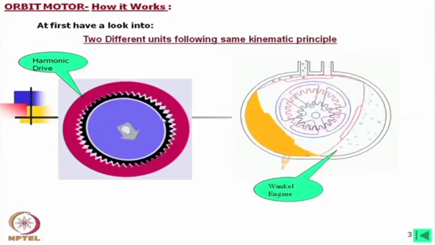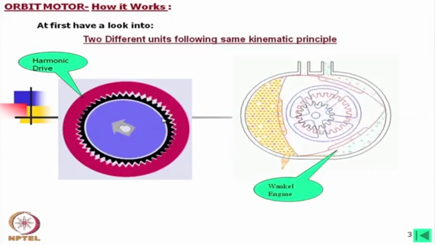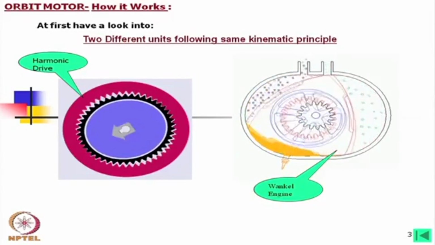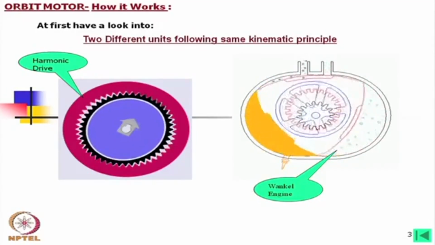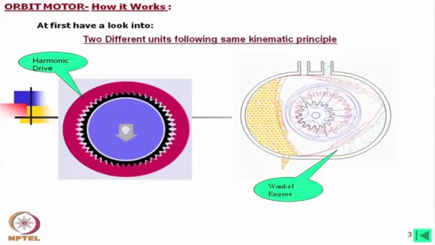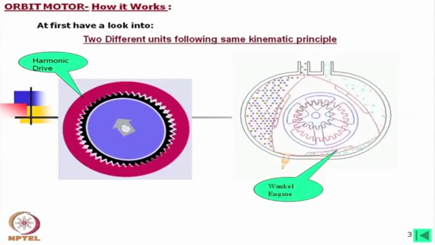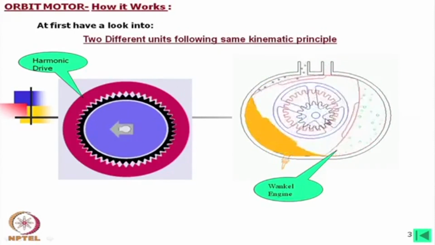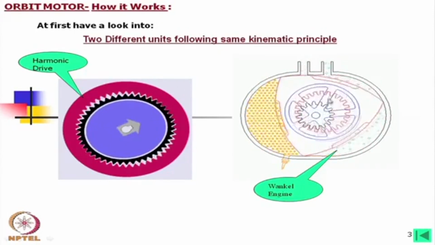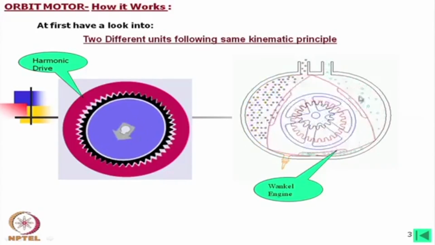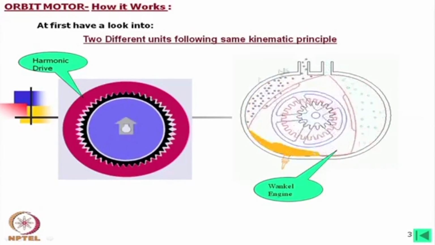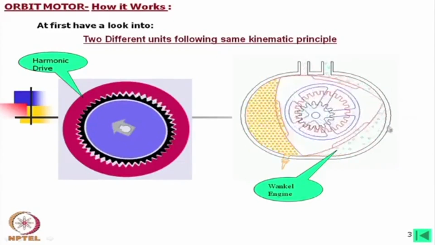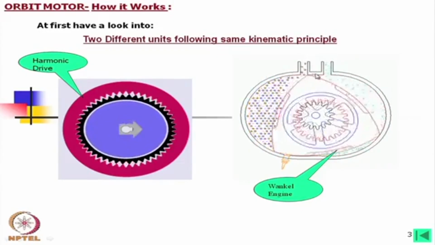Now, another machine is the Wankel engine. Here we observe a more or less similar pattern of motion. In this case, inside there is a triangle, which we can call 3 lobed or 3 teeth, rotating inside another somewhat oval member, and if we observe, it has 2 lobes, identical.